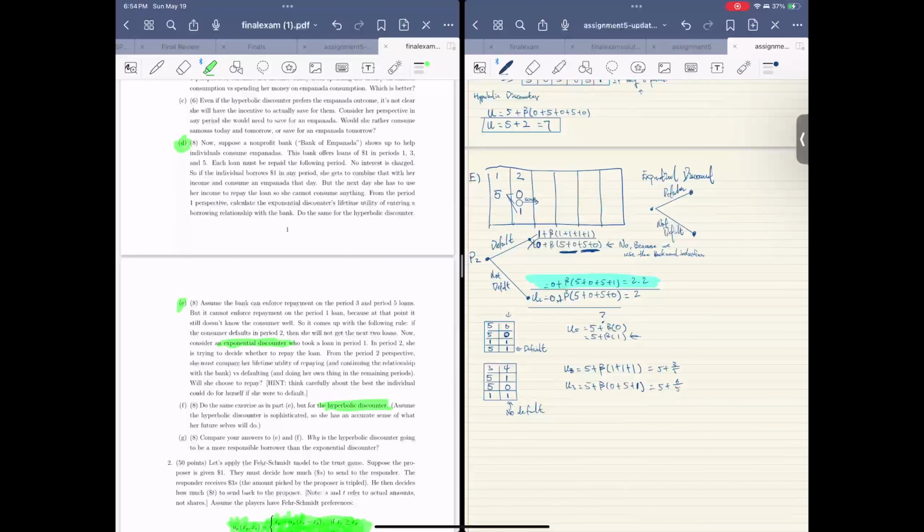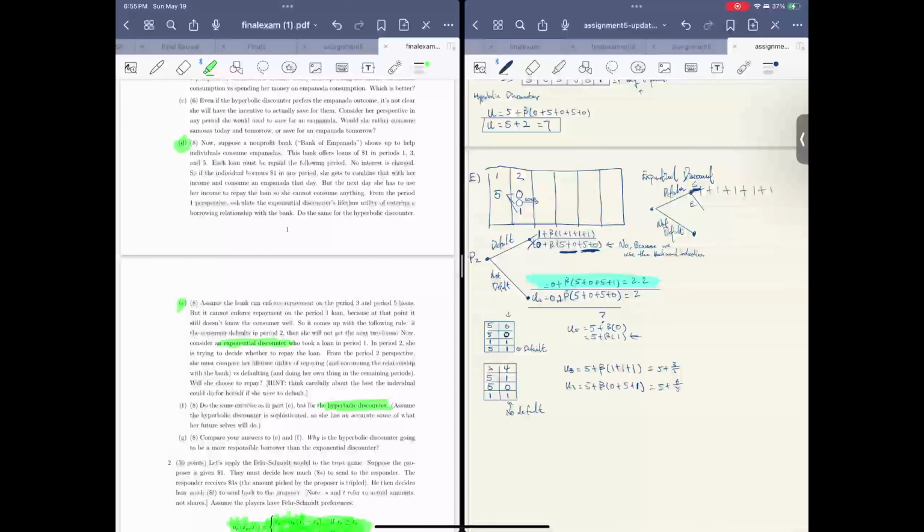So what will you have for default if you're an exponential discounter? Plus 1 plus 1 plus 1 plus 1. This one it's only eating the samosa.